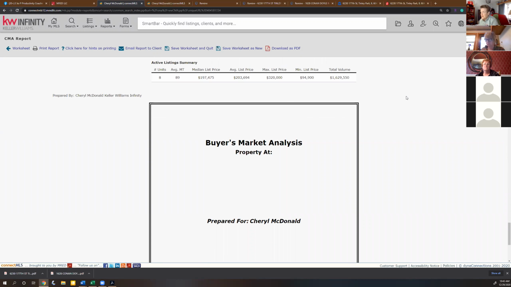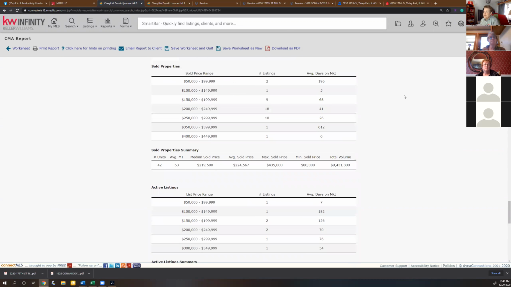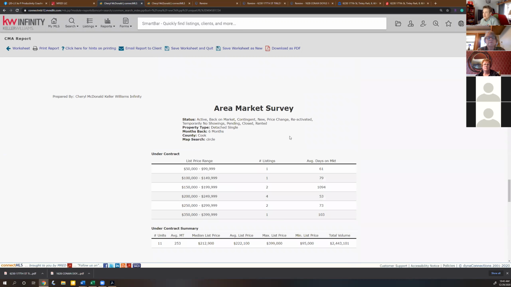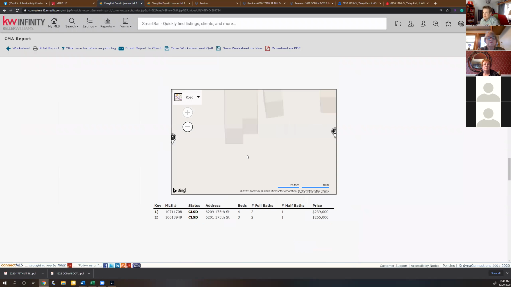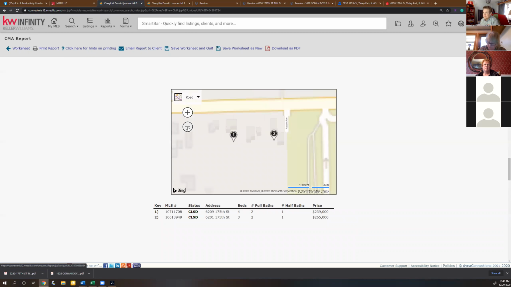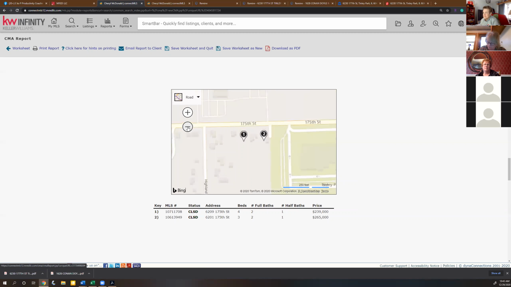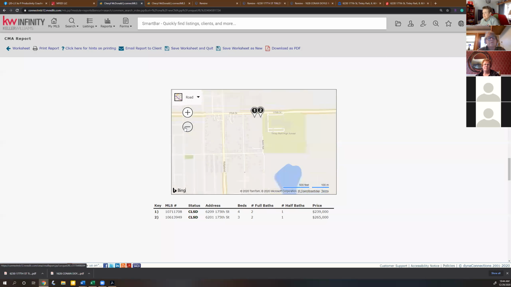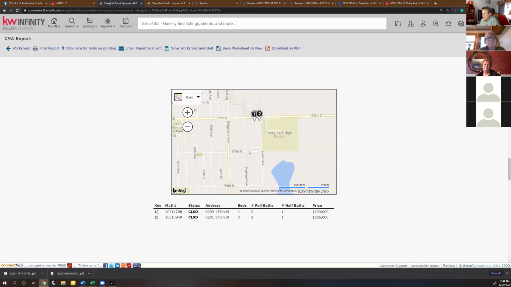Compared to what all the other valuations are and what we understand. Now, again, this number is purely an average of the closed properties. And I live right here. So are those properties close enough?